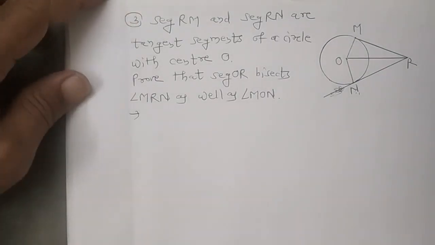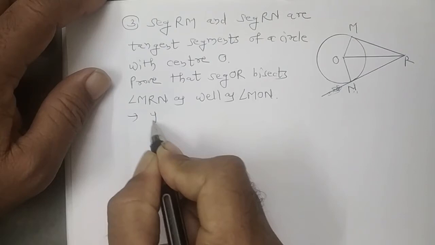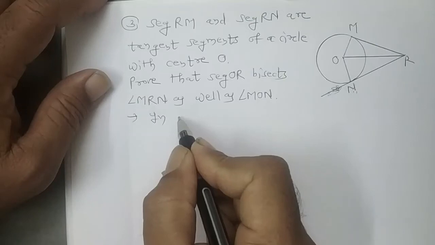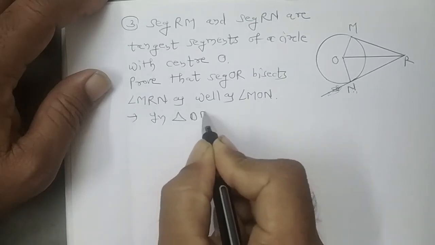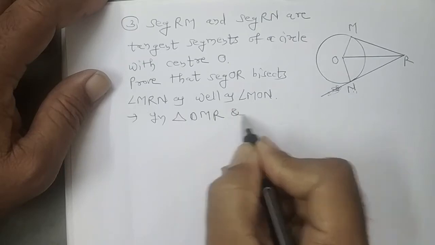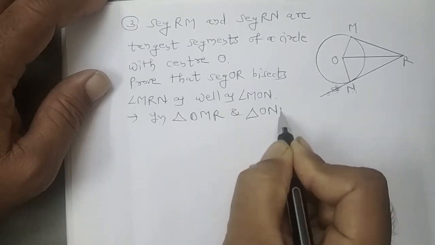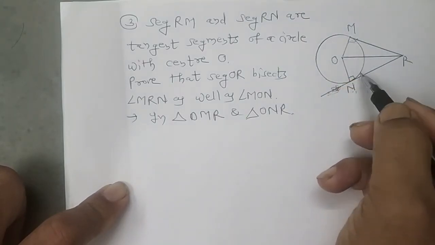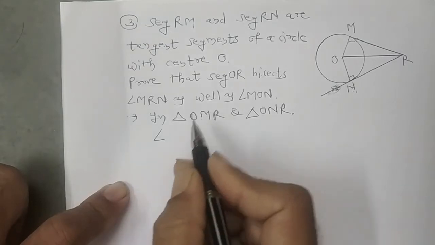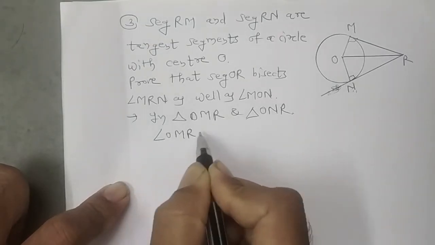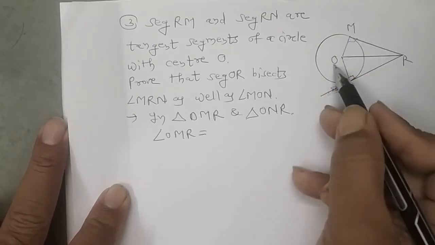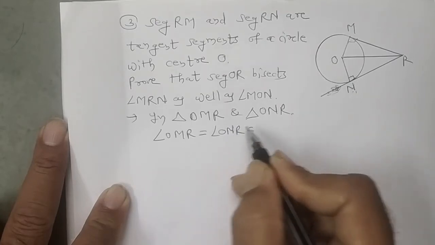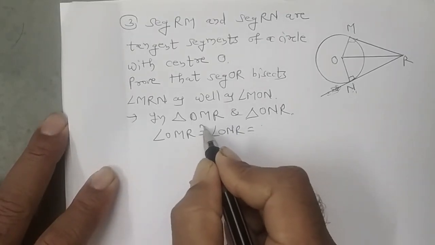Now here, in triangle OMR and triangle ONR, now these two angles are equal, each of 90 degree. Angle OMR is congruent to angle ONR.